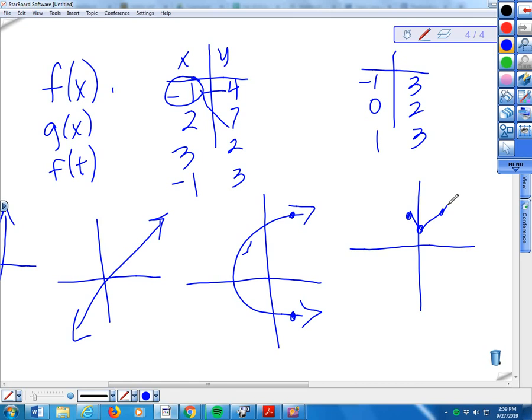But if I graph this one, -1, 4, -1, 7, well, that's the equivalent of a vertical line, and it's definitely not going to pass the vertical line test because the vertical line is going to go through every point, right? So you see the difference in being able to just look at a table of values and say, if an x is mapped to more than one y, not a function. Vertical line test graphically: if it only goes through one point, it's a function. If it goes through more than one, it's not a function.